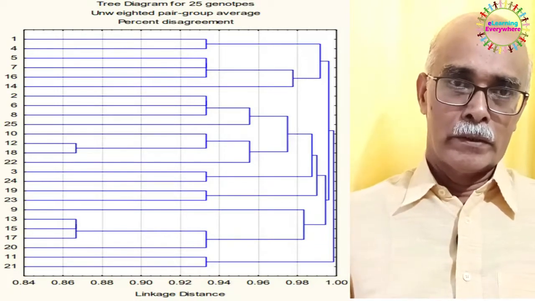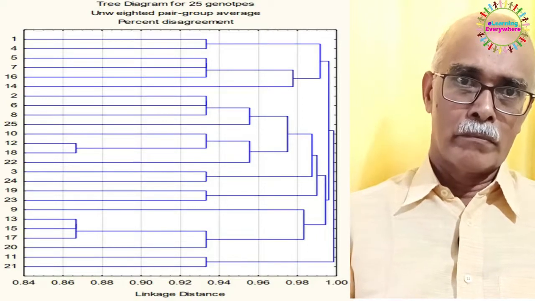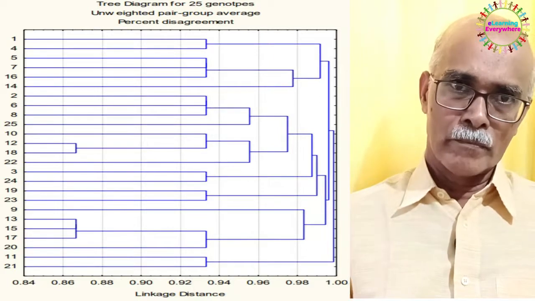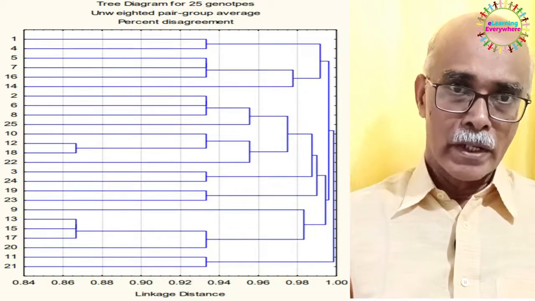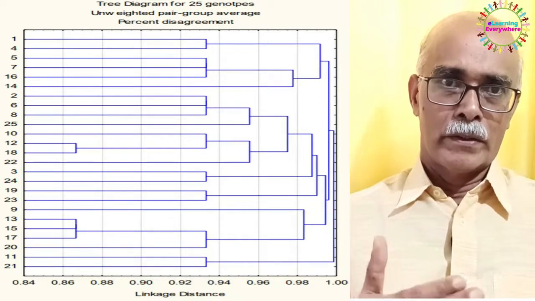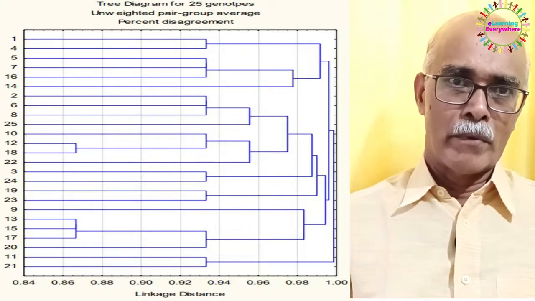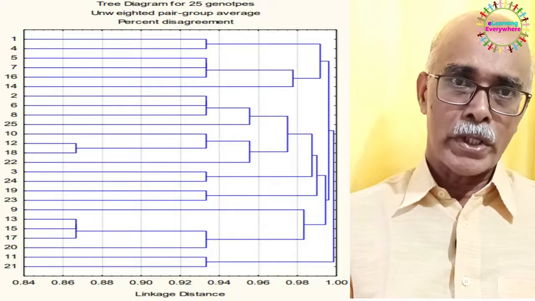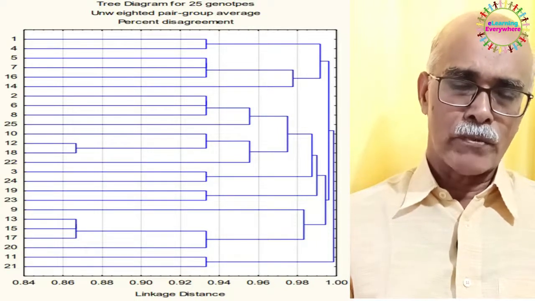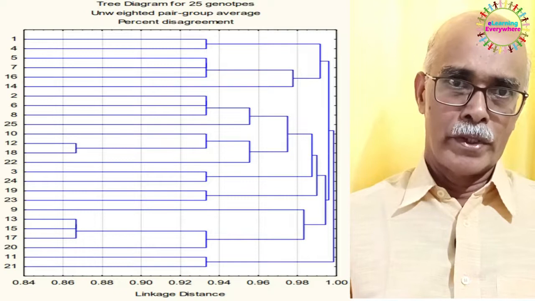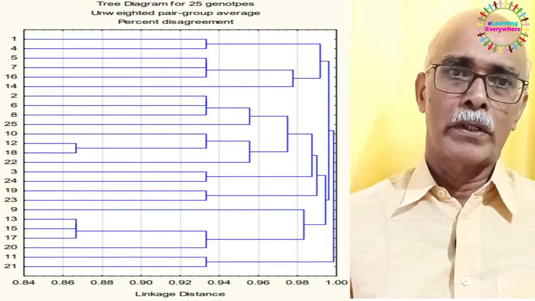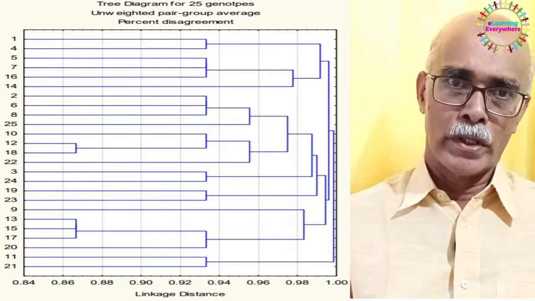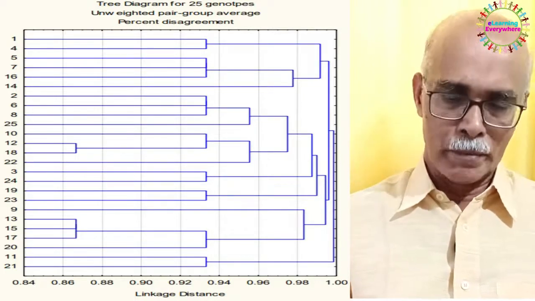There are some genotypes very close and others a little away, and this dendrogram has been constructed based on the percentage of disagreement between the different genotypes under study based on the 15 variables.